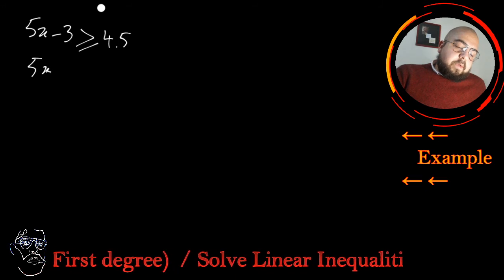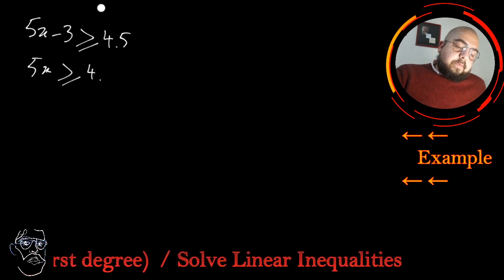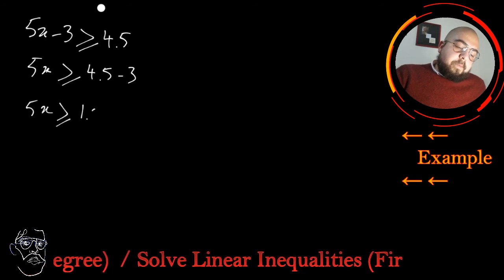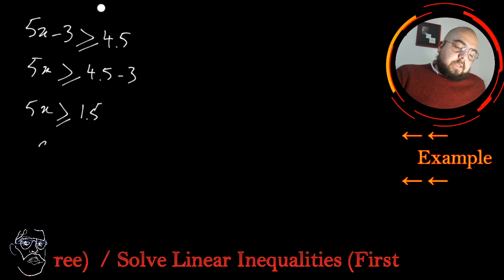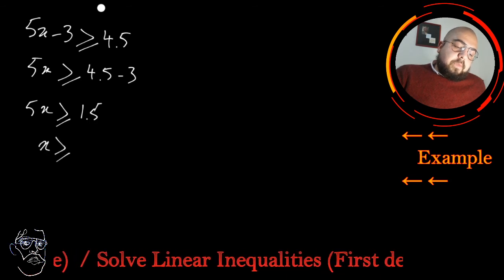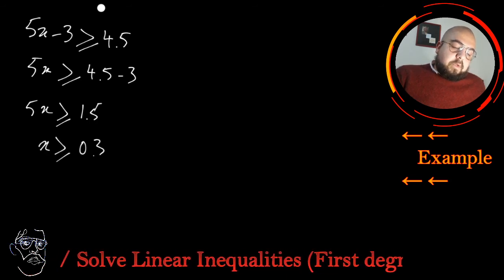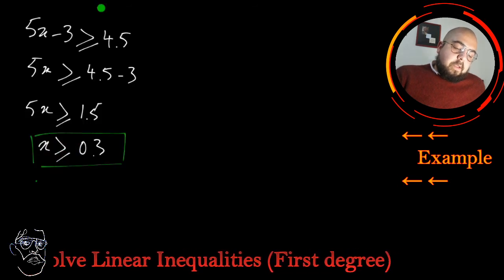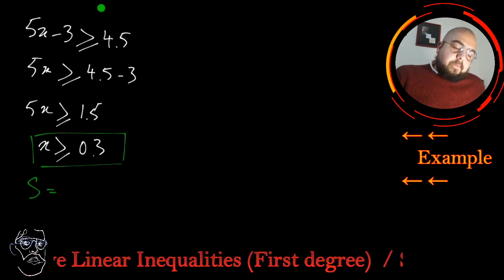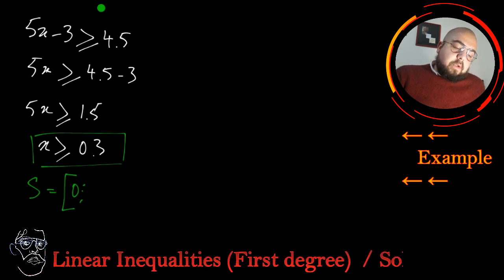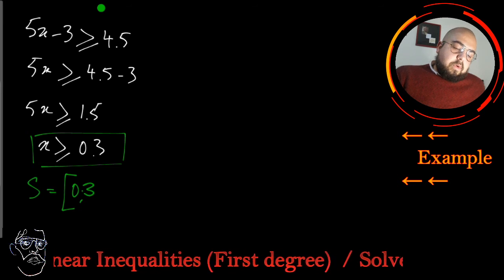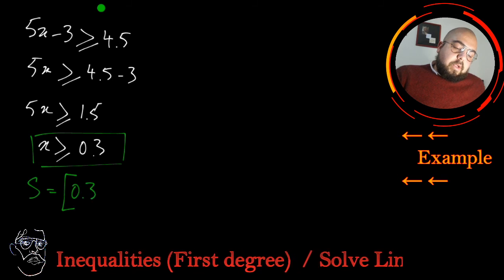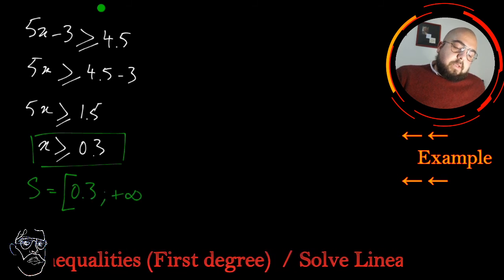So 5x greater or equal to 4.5 minus 3, 5x greater or equal to 1.5, and x is greater or equal to 0.3. So this is my solution in this case. S is from the value 0.3 until plus infinity.